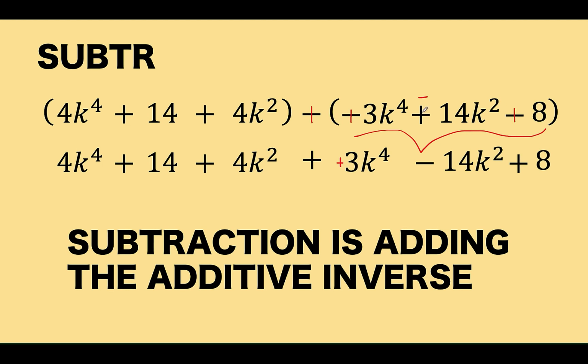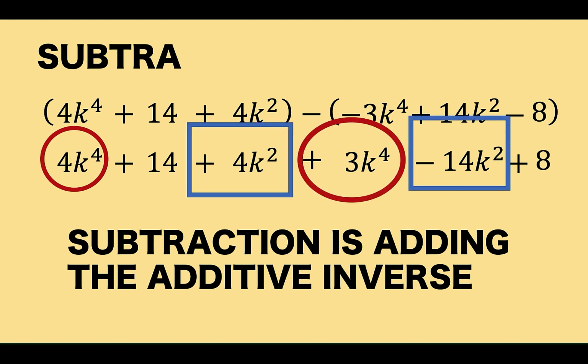And I would like to keep on emphasizing this. So once we perform that added step of converting from subtraction to addition, then we can identify the like terms. These are the like terms grouped according to shapes.